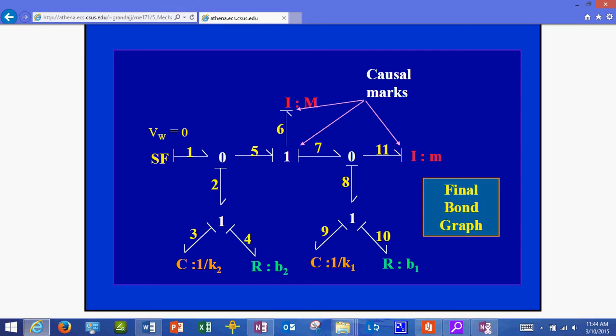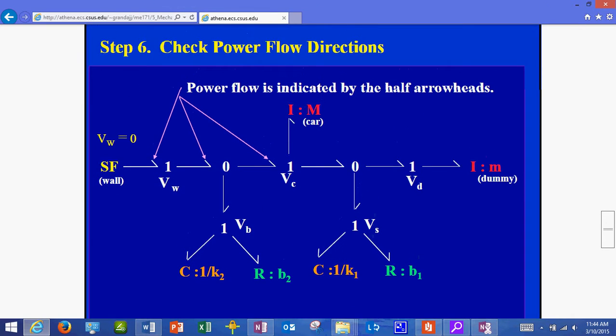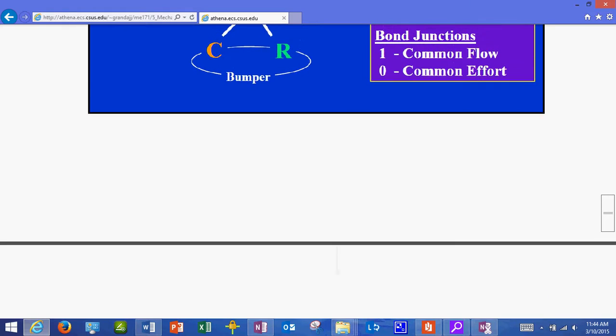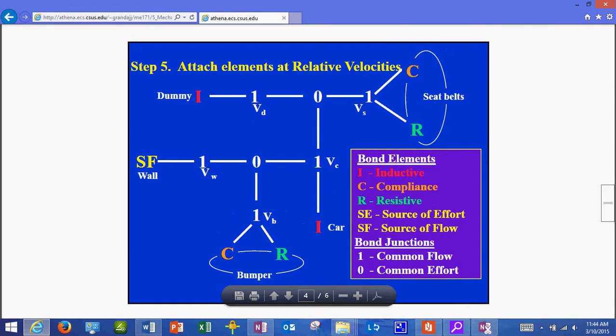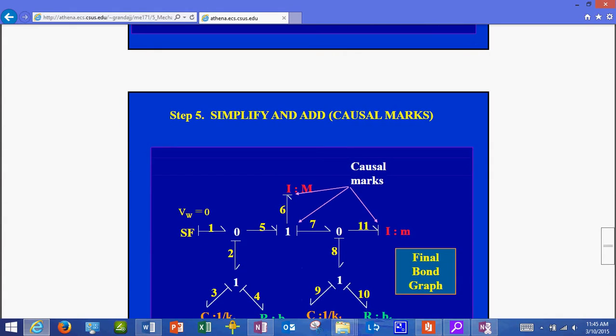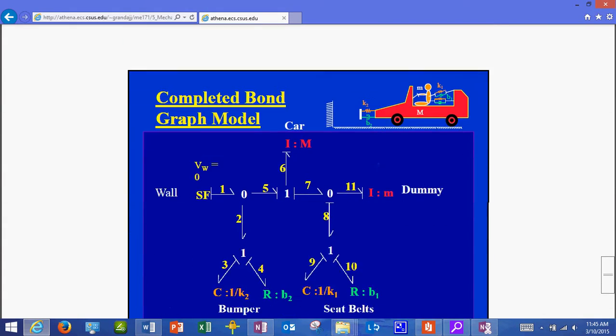But basically what you have is, let's see if we can point out in here the seat belts, the wall, the bumper, the seat belts, the wall, and the car.